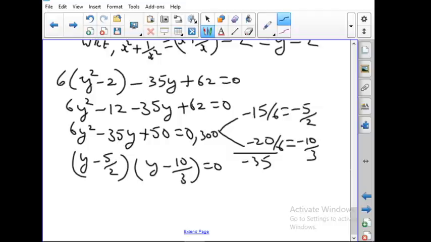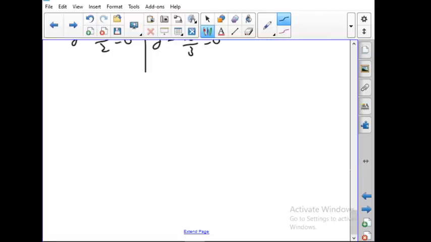And doing the same way as we did already, y minus 5 by 2 is equal to 0 and y minus 10 by 3 is equal to 0. Y we have taken as x plus 1 by x. So x plus 1 by x is equal to 5 by 2 and x plus 1 by x is equal to 10 by 3.